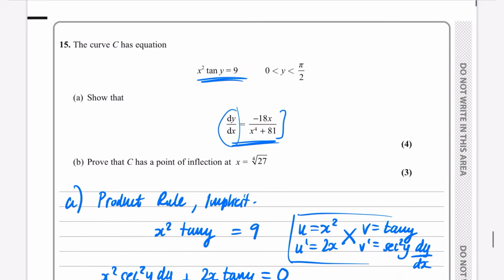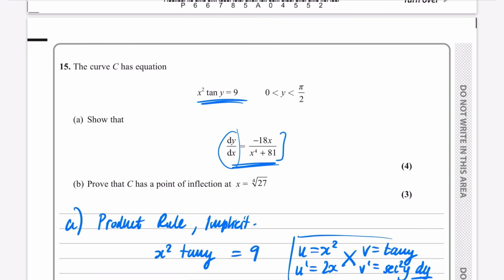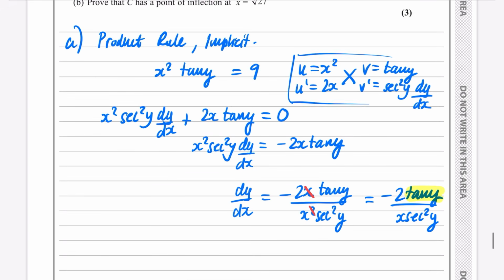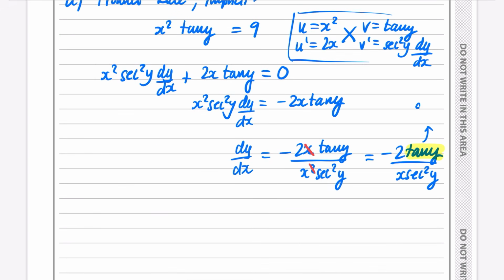Now remember what they told us at the beginning, this thing. We know that tan y is 9 over x squared. That's going to be helpful because it means I can replace this thing here with my 9 over x squared in a second. So all I need to do now is really think about how I am going to deal with the sec squared y.